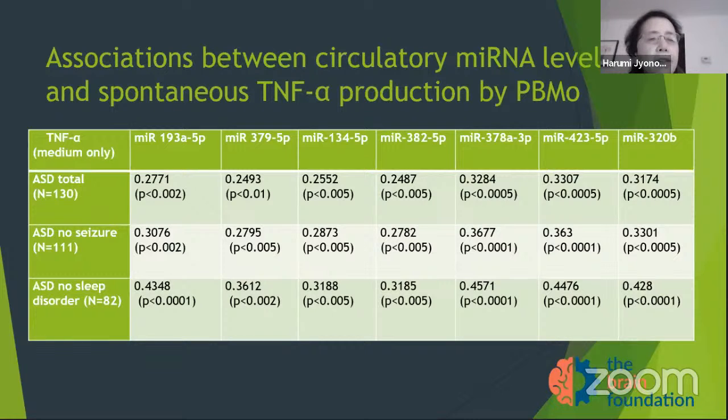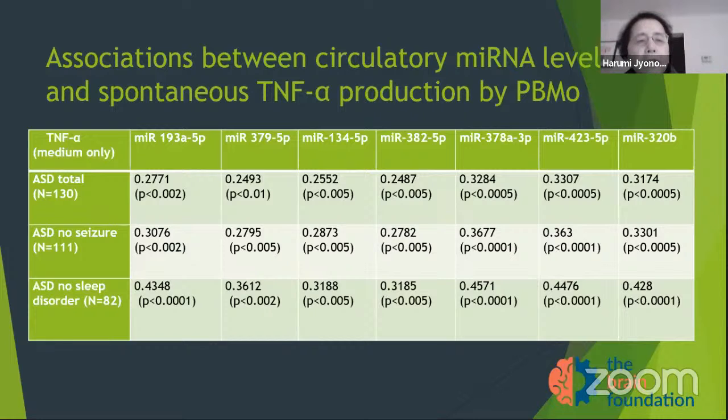We did see some association in ASD total, and here we are just showing the spontaneous TNF-alpha production, because this most likely reflects the in vivo status. We didn't show any data for ASD with seizures or with sleep disorders, because we didn't see any significant association.